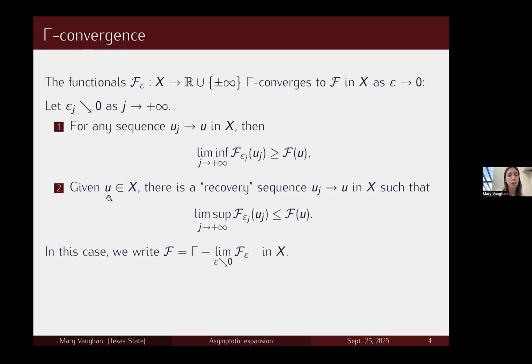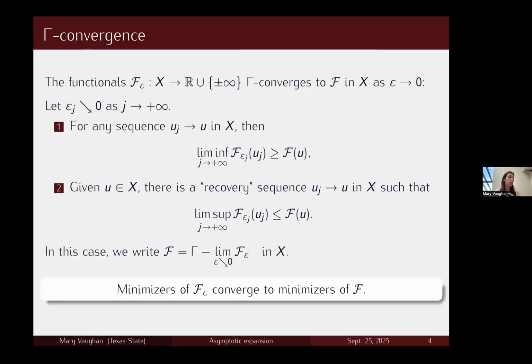On the other hand, given any u, we can find a sequence that converges to u so that the lim sup along the sequence converges to the functional evaluated at u. So for that recovery sequence, from the lim sup inequality, you have equality in the limit. When all of this happens, we write f as the gamma limit of f epsilon.